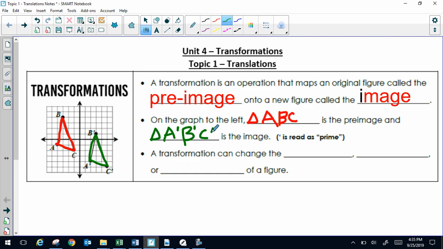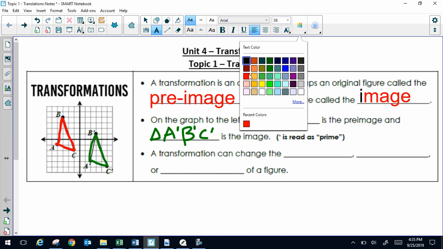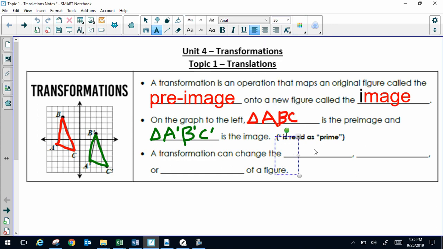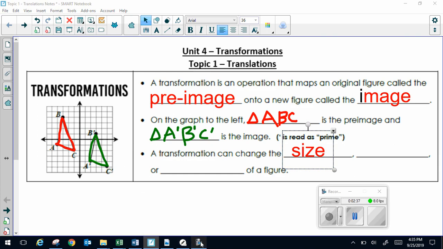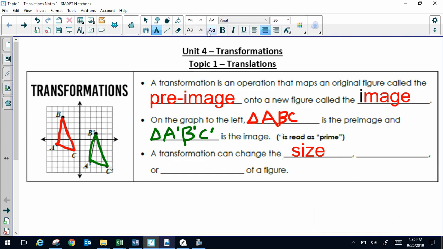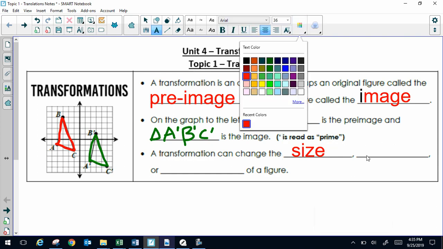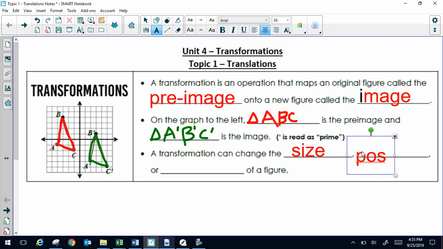So in a transformation, we can change the size.